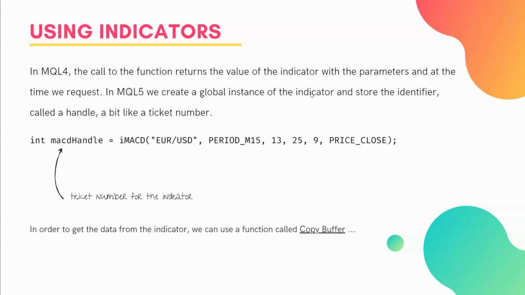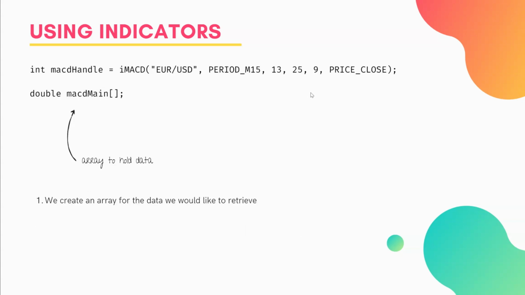Because in the previous case, it returned the number from the indicator, which you could then compare and execute your trades from. But in order to get the data from the indicator in MQL5, we need to use another function to say which buffer we want to use and then get the data from that buffer into an array that we can then compare. All sounds very complicated, but let's go through that step by step.